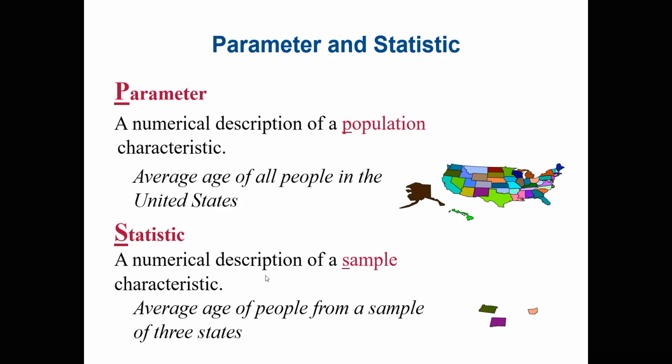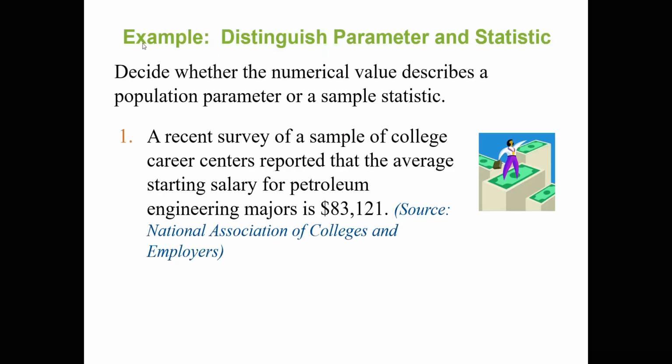On the other hand, if you compute the same average or standard deviation from a sample, you will call that a statistic without S. With S, you are talking of a field of study, statistics, but without S, it's simply a description of a sample characteristic. So in this example, you have to decide if it is a statistic or a parameter. In other words, you have to decide if you are dealing with the population or a sample.